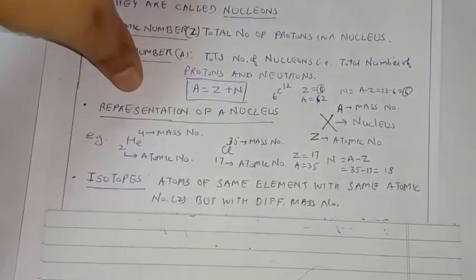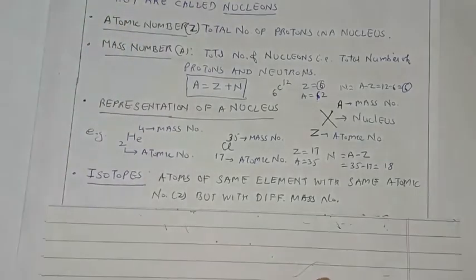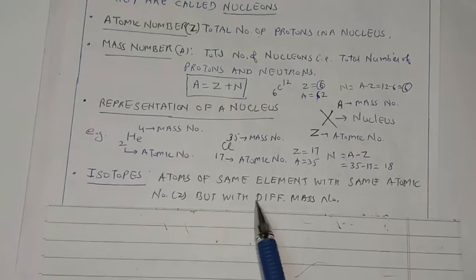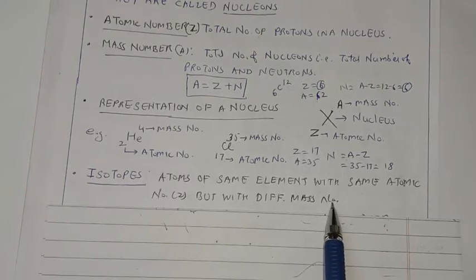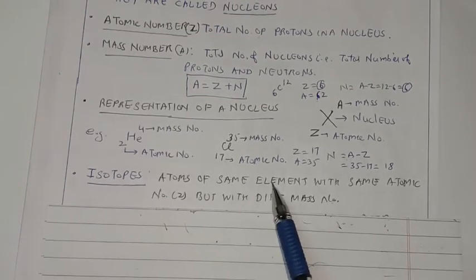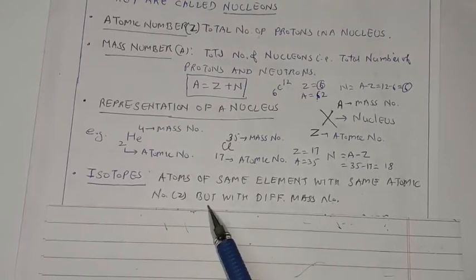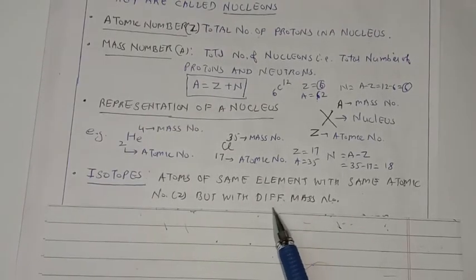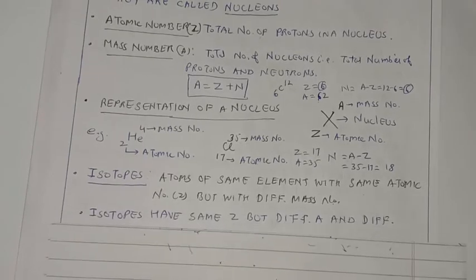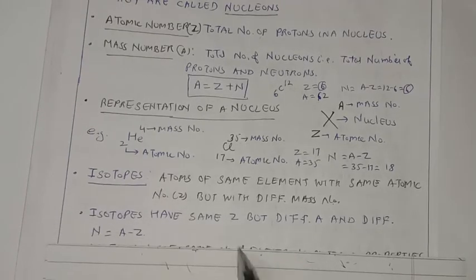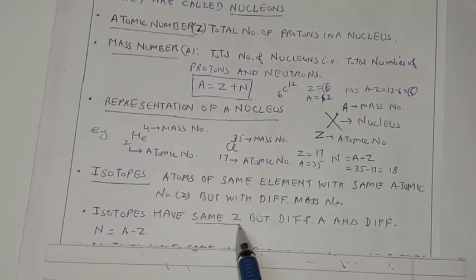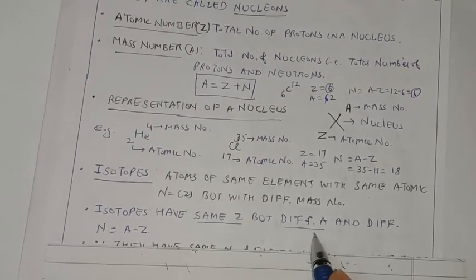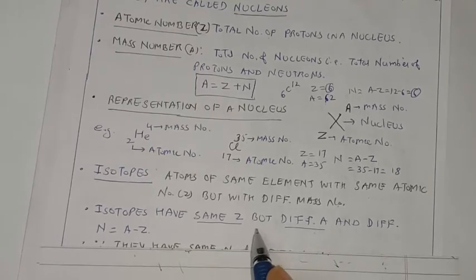Isotopes. This is an important definition. These are atoms of the same element which have the same atomic number but different mass numbers. Such atoms are called isotopes. So the important property of isotopes: atomic number is the same but mass number is different.